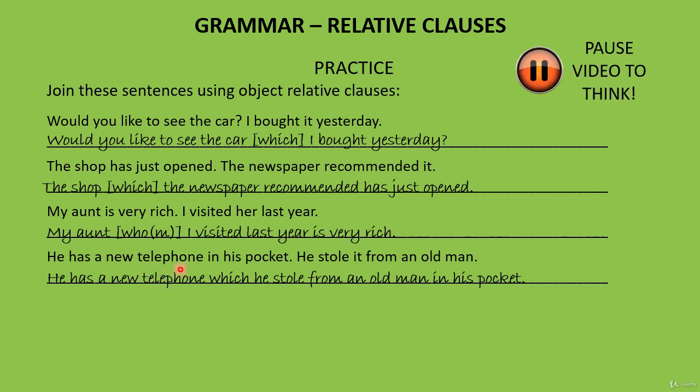He stole it, the telephone, from an old man. He didn't steal a pocket from an old man. Therefore, the relative pronoun must come immediately after telephone, not pocket. As it is, if you read it, it could mean that the old man is in his pocket, which is equally funny, but at least it's grammatically correct.